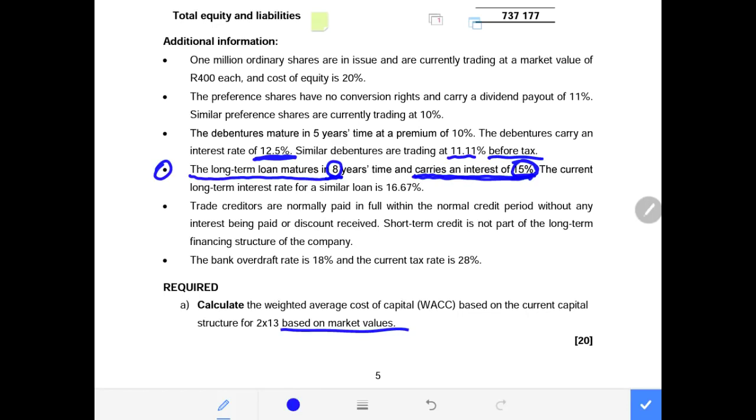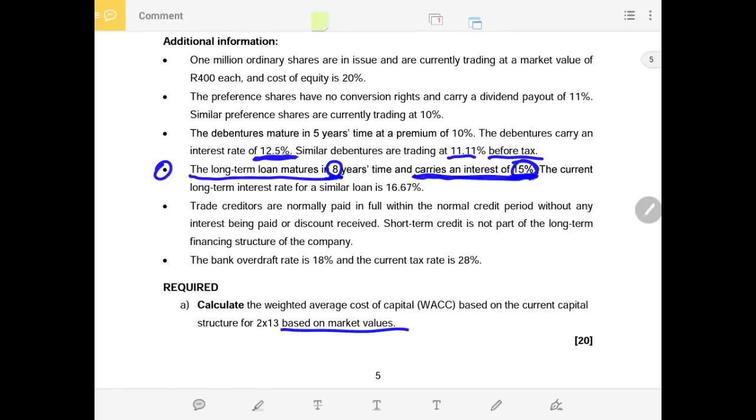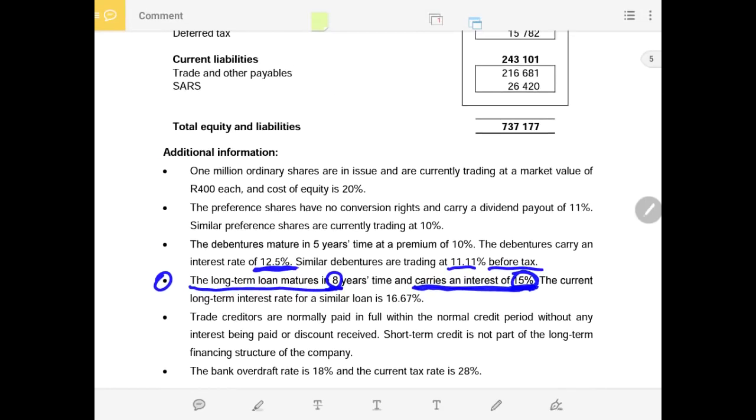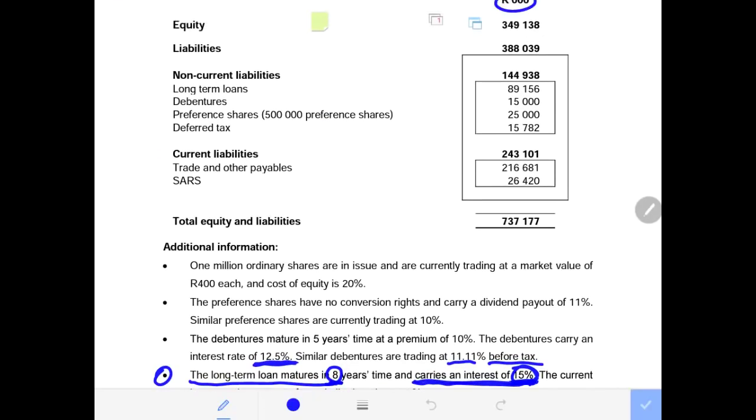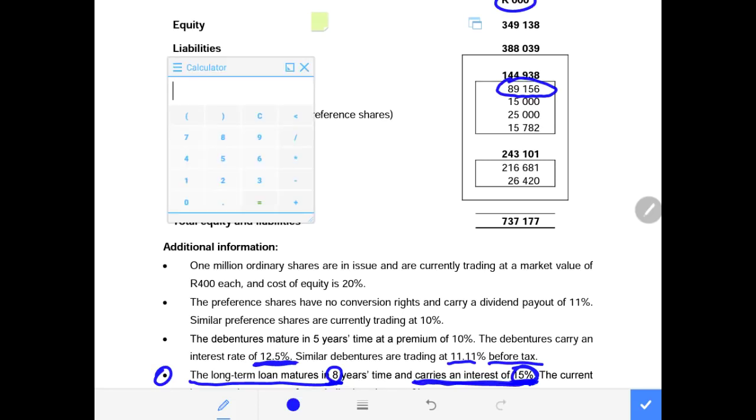So now we have the interest of 15% on the loan, meaning on the loan that we have borrowed, and we have borrowed 89,156,000. So we have to multiply that by 15% to get to the amount of interest that we pay.